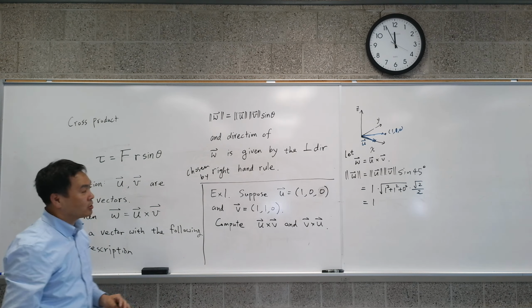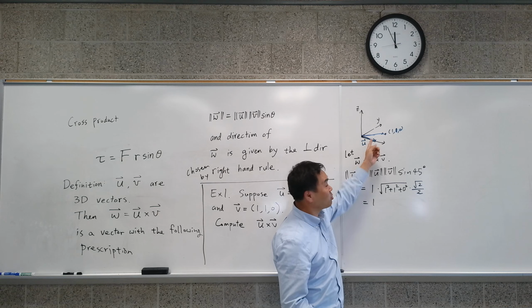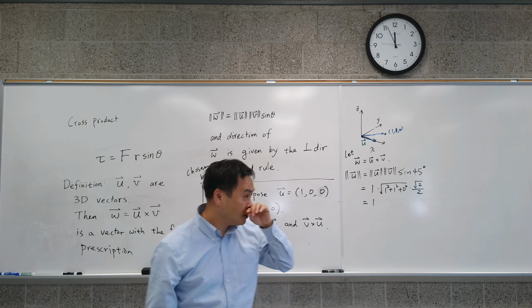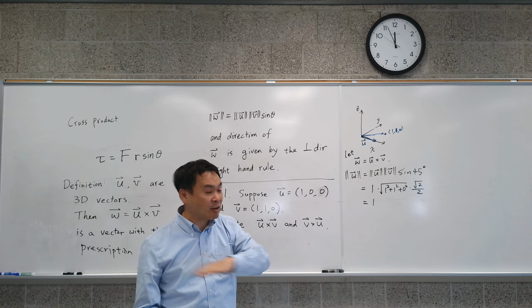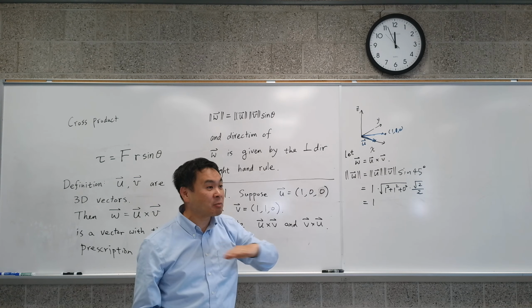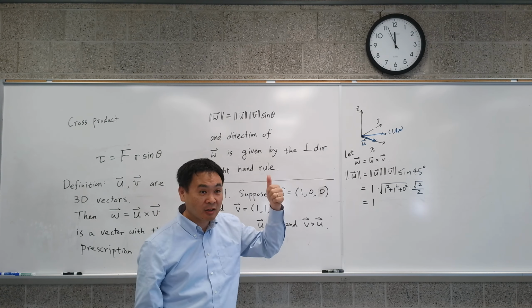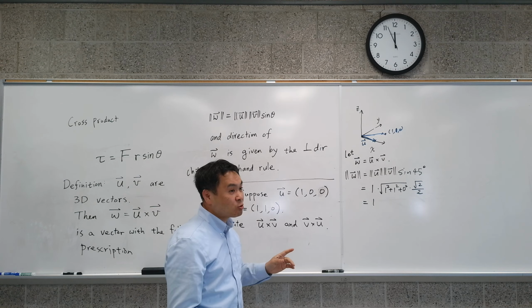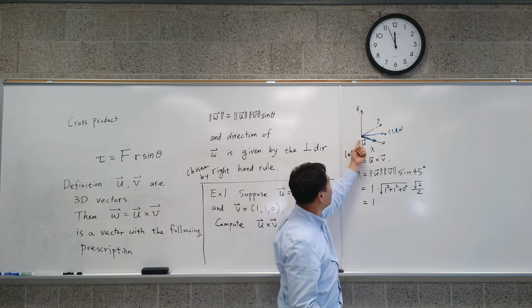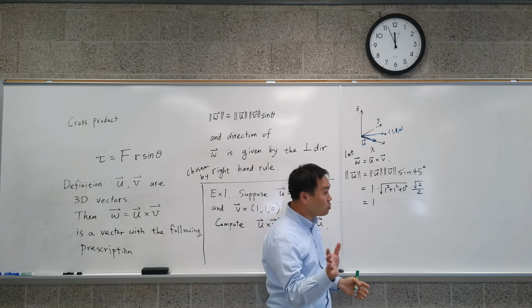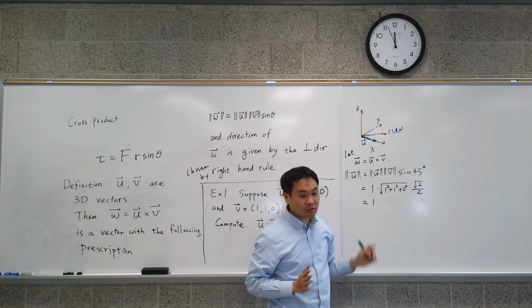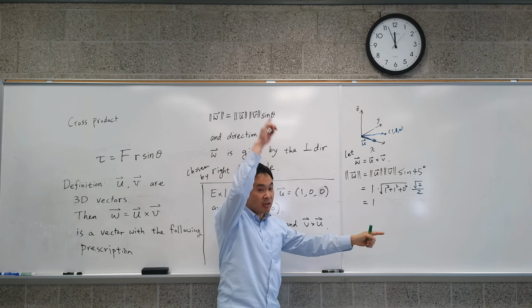So what is the direction that's perpendicular to these two vectors? What's the plane containing both u and v? The plane that contains u and v is the xy plane, right? What's the perpendicular direction? It's the z direction. But there are two perpendicular directions: one going up, the other going down. Which one is it? Well, we said u cross v.